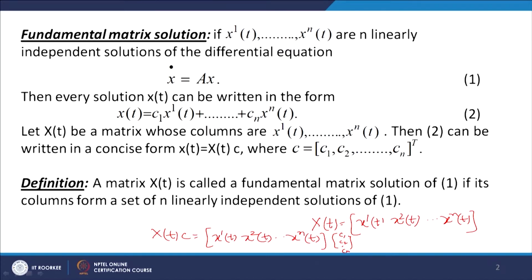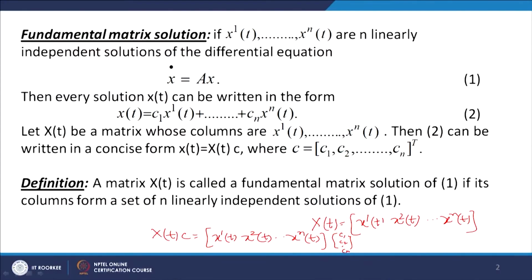So, x(t) is a column vector, and it is equal to the n by n matrix X(t) multiplied by the c vector. This is nothing but c1 times x1(t) plus c2 times x2(t) and so on cn times xn(t). So, it is the general solution of the vector differential equation x dot equal to Ax.